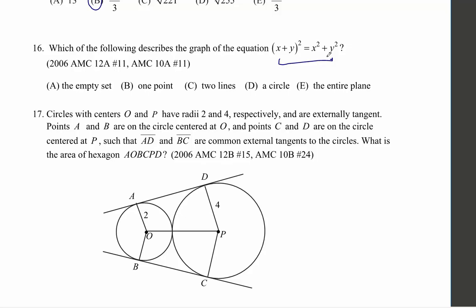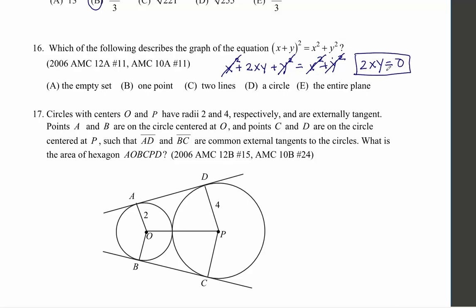To find something, you need to simplify. That's the idea, right? Okay, now let's simplify. I need a space over here. So (x plus y) squared, what is that? x squared plus 2xy plus y squared. That equals x squared plus y squared. Oh, two terms cancelled out. x squared and y squared cancel. We just got the simplest one: 2xy equals 0. What is this figure?